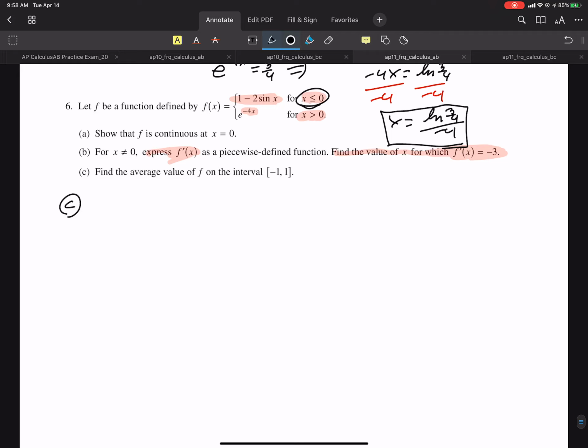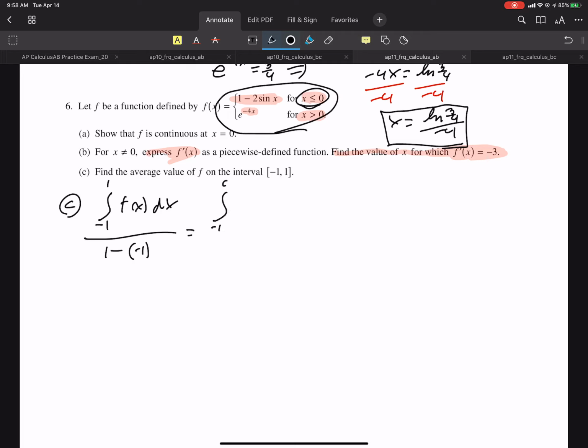All right, average value. You have to know the average value of any function as you integrate that function. And then you divide by the width. And that's what we have to do. So if we look at this function, it consists of two different functions. So we have to break this integral into two different parts.